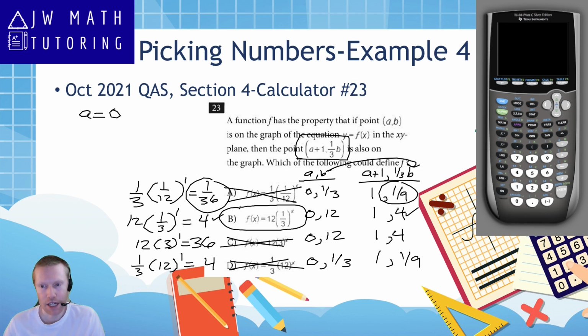And lastly, I took the a plus 1 number, which was just 1, I plugged that into each function, and then I evaluated to see which of these outputs, which of these y values, matches what it has to be, or the 1/3 b, based on the problem. And only answer choice B gives me the same number as when I multiply 1/3 times the original b value.